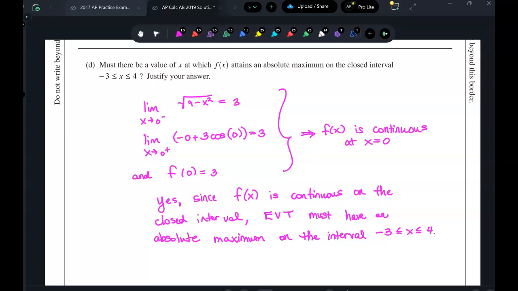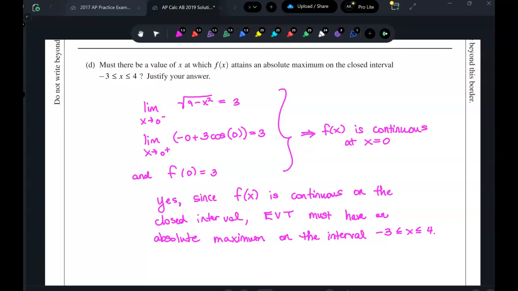So if I show the limit from the left, I get square root of 9, which is 3, because it goes from -3 to 0. If I show the limit from the right, I get 3, and f of 0 equals 3. Therefore, f of x is continuous at x equals 0. So yes, since f of x is continuous on the closed interval, by the extreme value theorem it must have an absolute maximum.